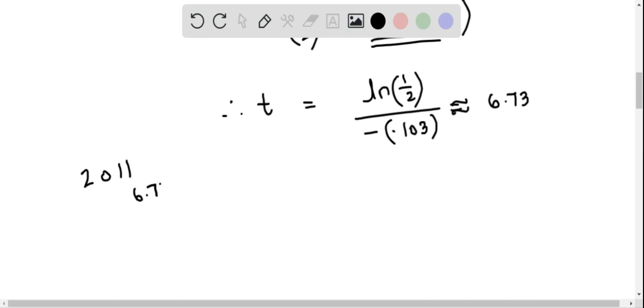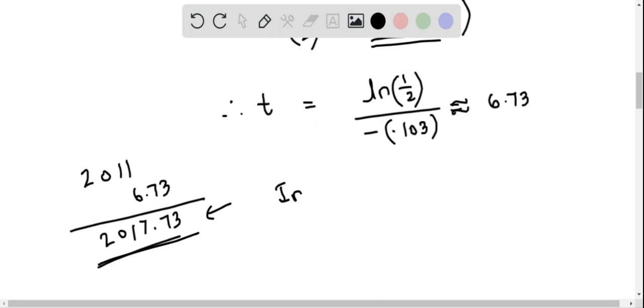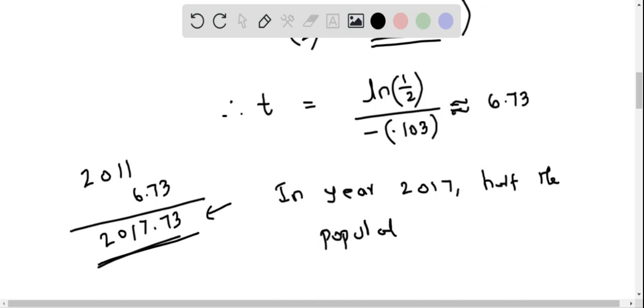So if we add 6.73 to this, we will get 2017.73, or we can say that in year 2017, the population becomes half the population of the initial population. And so the answer for this question is year 2017.